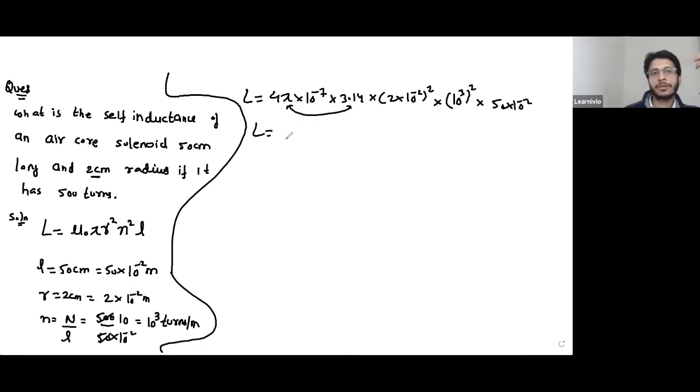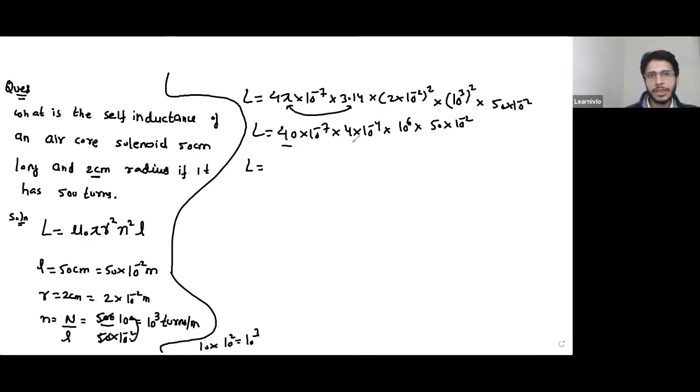So that comes to be 40 into 10 raised to the power minus 7. This is 2 into 10 raised to the power minus 2, which gives 4 into 10 raised to the power minus 4, then 10 raised to the power 6, multiplied by 50 into 10 raised to the power minus 2.